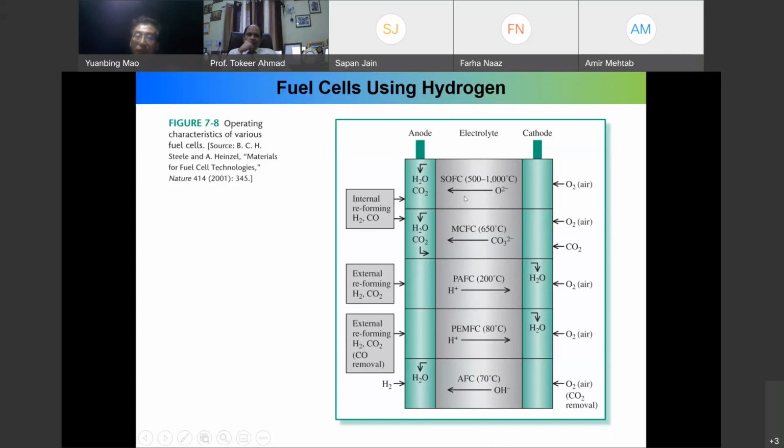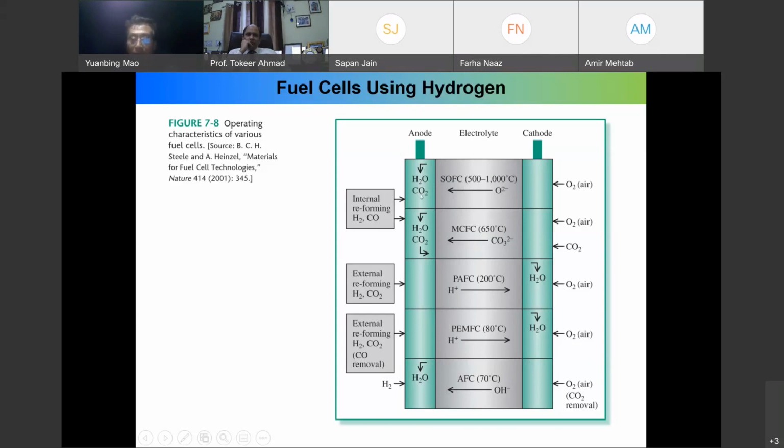Also, when we start and turn it off, there's a time factor: especially when we want to start it, you need to reach that temperature, which takes time and generates a lot of thermal stress on the components of the cells.